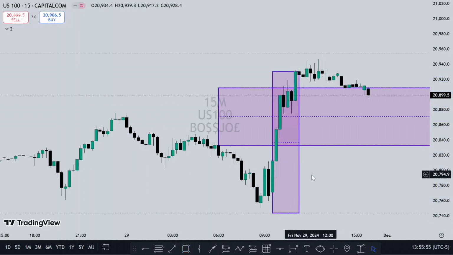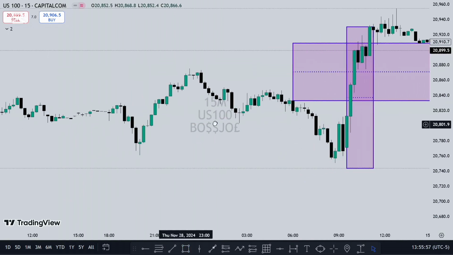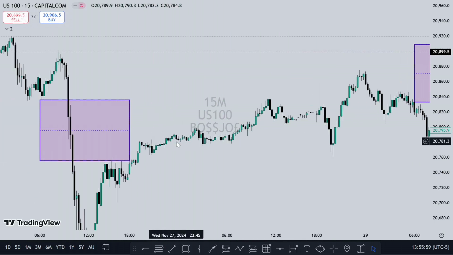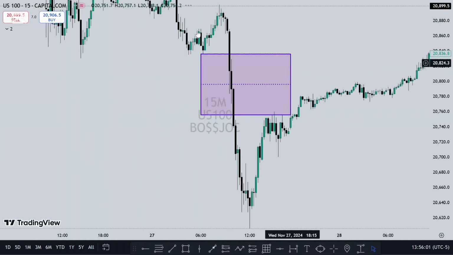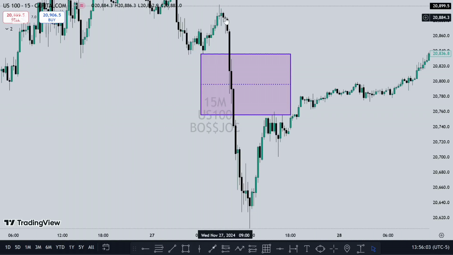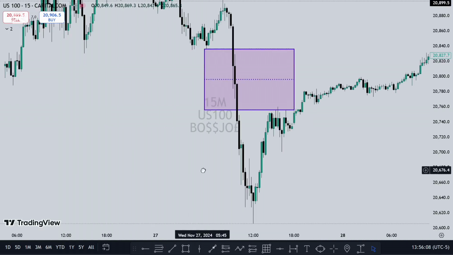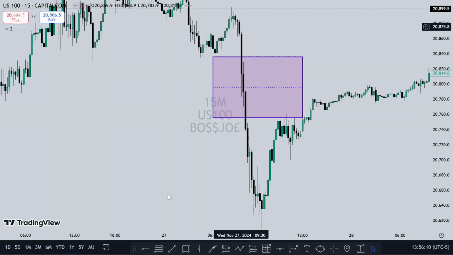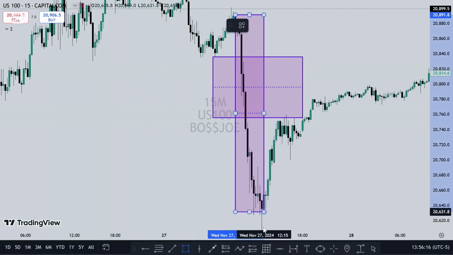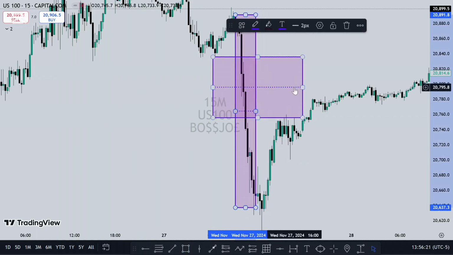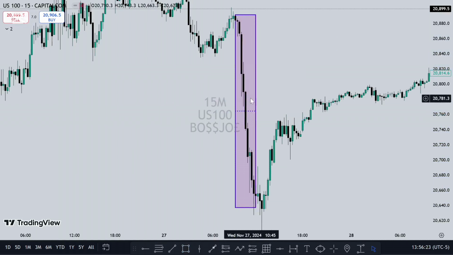This is a liquidity void. You also come to this other one we explained. We saw this in a 3-hour time frame as a fair value gap, but here is a quick sudden movement, and we call this liquidity void. This is how you can identify the difference between liquidity void and a fair value gap.